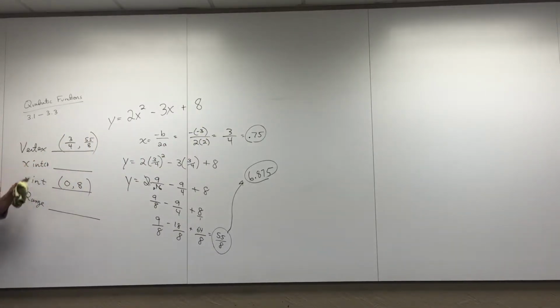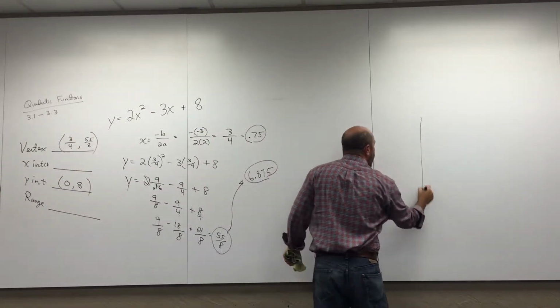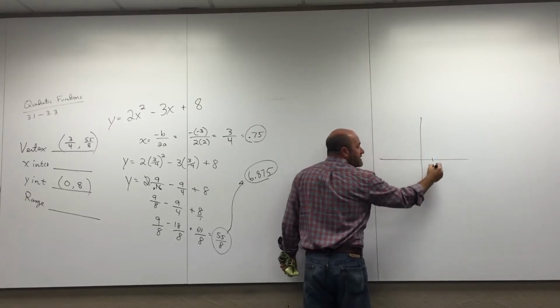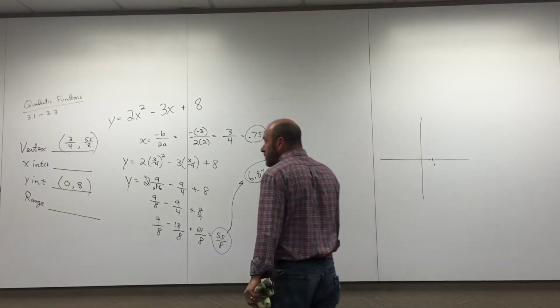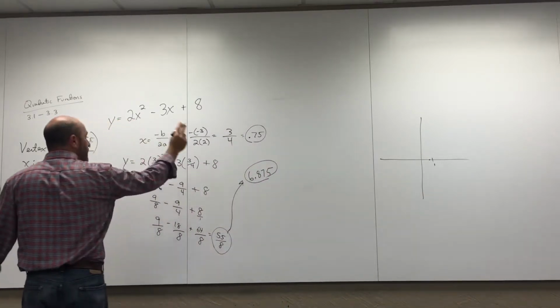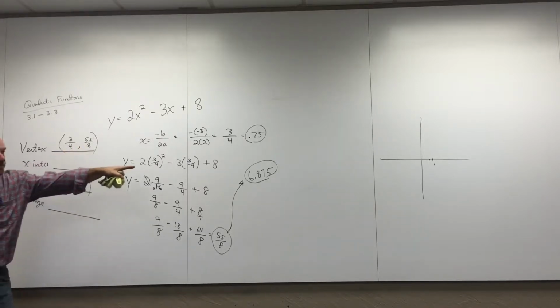Based on those couple ideas, I can get a good graph. I'm going to start with a good graph here. The vertex is 0.75. If that's 1, then here's 0.75. And then go up. What's the y value? Again, I'd rather have a decimal, which I got. It's 6.875.